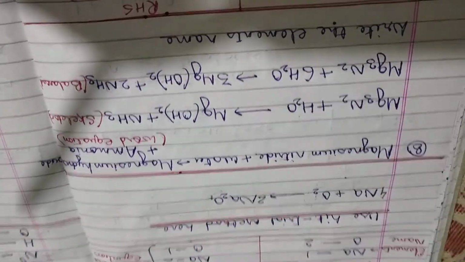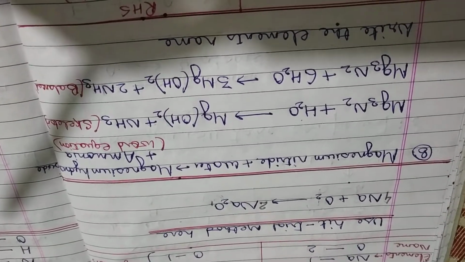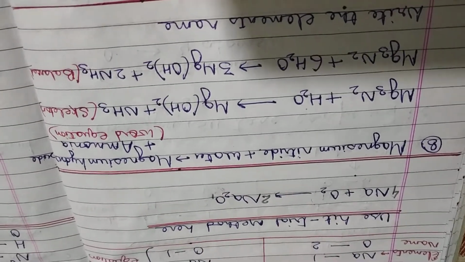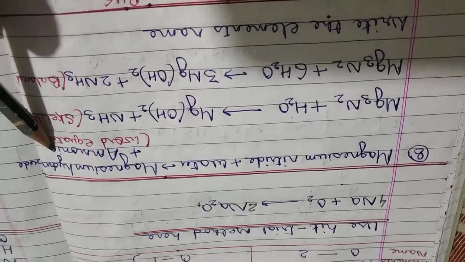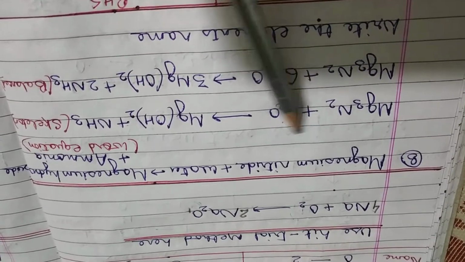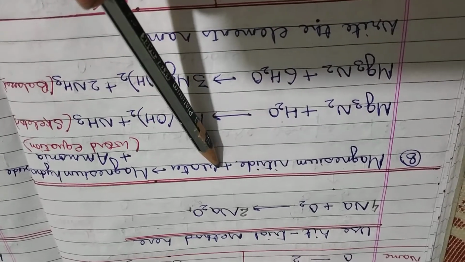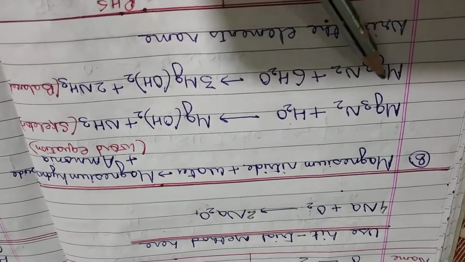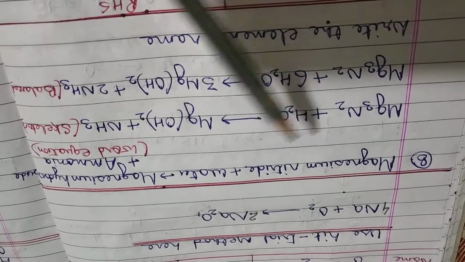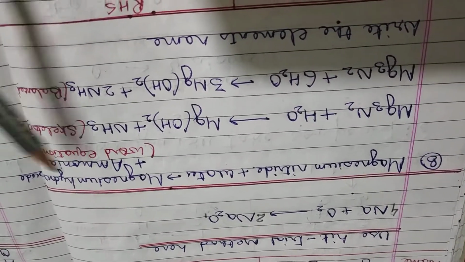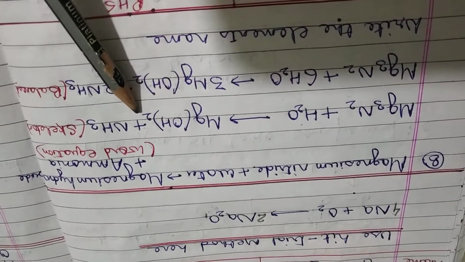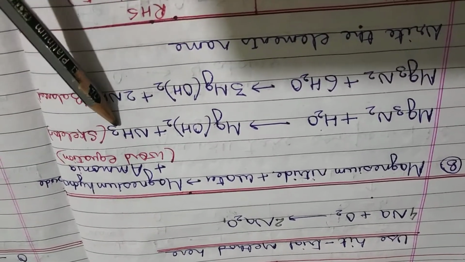Now the word equation is magnesium nitride plus water gives magnesium hydroxide plus ammonia. Students, first of all we will write the formula of magnesium nitride. The formula of magnesium nitride is Mg3N2, water H2O, magnesium hydroxide Mg(OH)2 plus ammonia NH3.